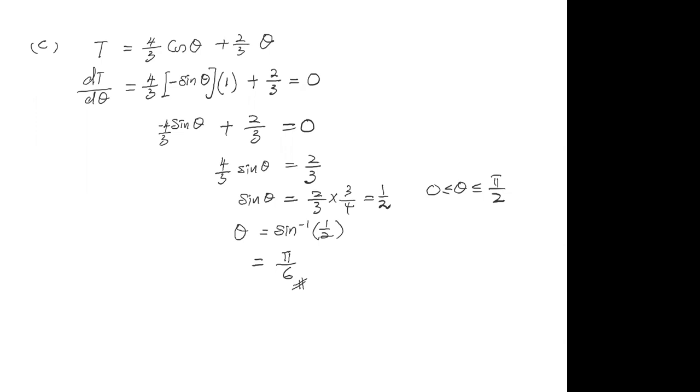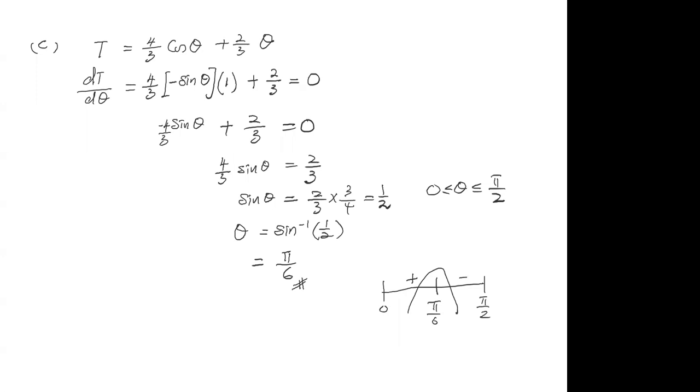So I want to know whether this is a maximum or minimum, longest time or shortest time. So I put here pi by 6. I determine: if less than pi by 6, I think this will be negative, this will be positive, this will be negative.